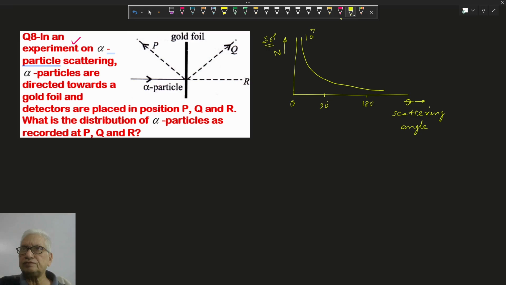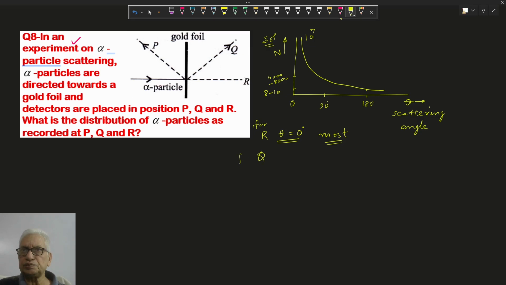Roughly 1 crore alpha particles move without deviation, 90 degree deviation is roughly 4000 to 8000, and 180 degree scattering angle is roughly 8 to 10 only. So the alpha particles are moving straight. For R, theta is 0 degree, no deviation, so most of the alpha particles move almost without deviation.